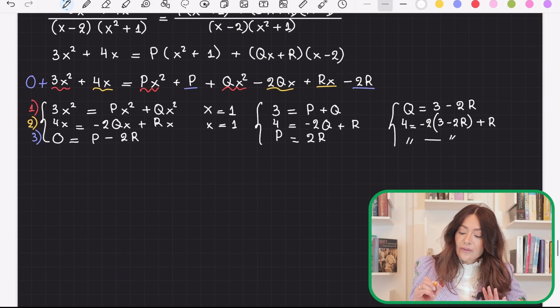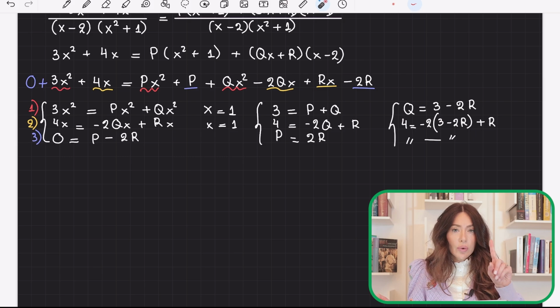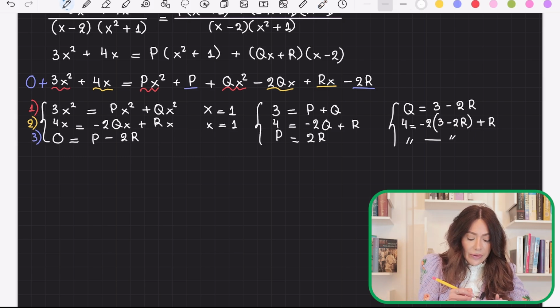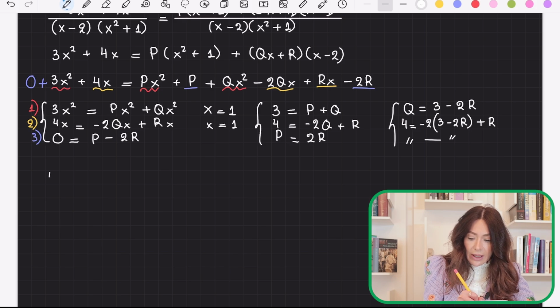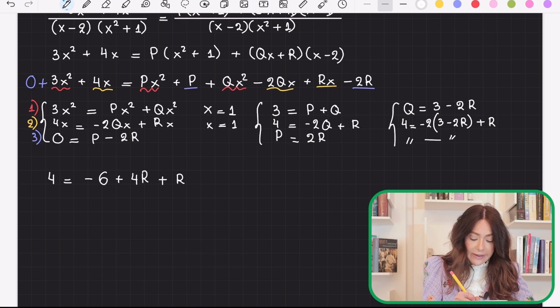It looks like I can find R first, because in this equation there's only one unknown, which is R. So I can work on that only. Okay, so I'm going to open the parentheses. That is -6, positive 4R, positive R. Okay, 6 comes to the left side.